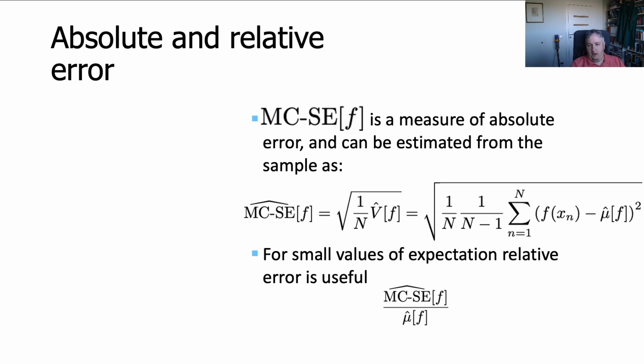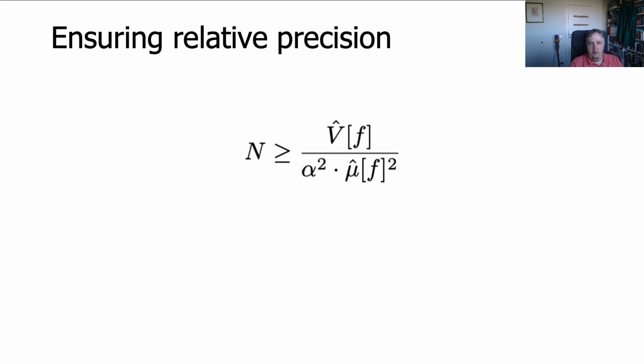For small values of expectation, we can also use a relative error, which is the quotient of the estimated Monte Carlo standard error divided by the estimated mean of the function. Because in this case, we can consider how big the error is relative to the quantity of interest, which can be important, for example, in order to ensure the relative precision of computation.